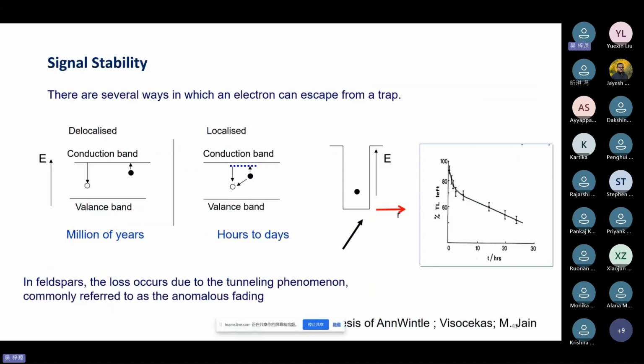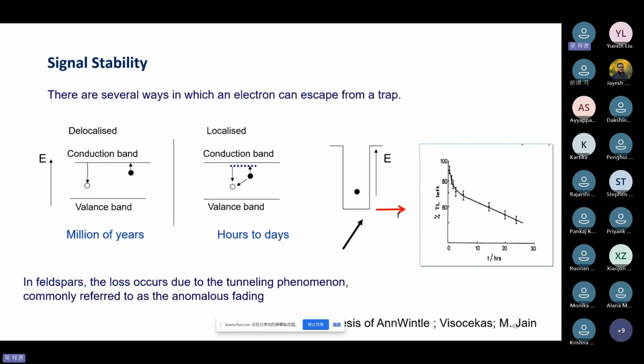The second work, done by Ann Wintle and Visocekas, and then finally Mike Jain, was this. Normally we have, as I showed you in a picture, an electron trap and a hole trap. Normally they don't talk to each other directly. They can only talk to each other when you excite the electron, it goes to the conduction band and meets the hole.